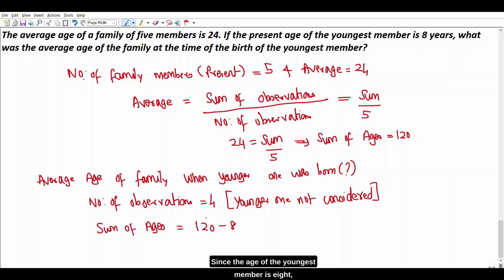Since the age of the youngest member is 8, we can remove 8 from the overall sum of the ages we found in the above step, which will give sum of the ages of 4 members.